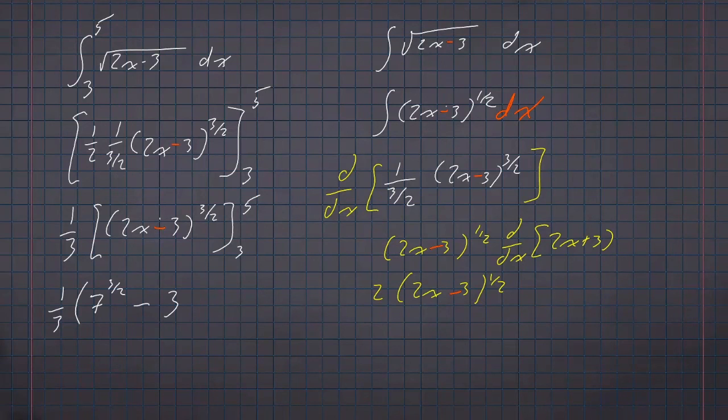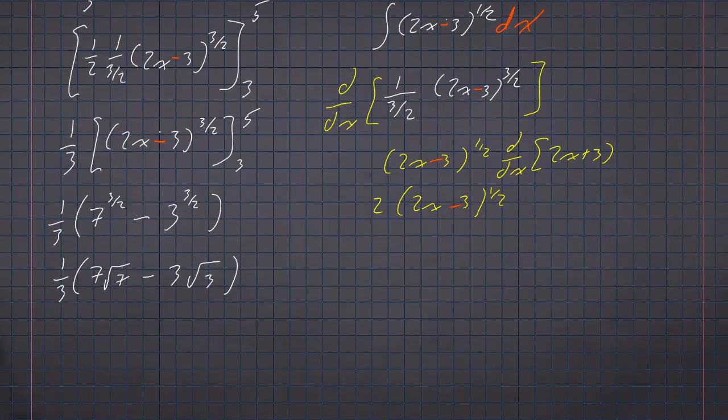So we're looking at 3 to the 3/2 power. 7 to the 3/2 power is 7 times the square root of 7. 3 to the 3/2 power is 3 times the square root of 3. And distributing that 1/3 through, it cancels out with the 3 in the second term, and we have 7/3 root 7 minus the square root of 3.